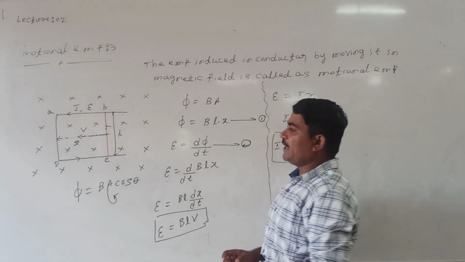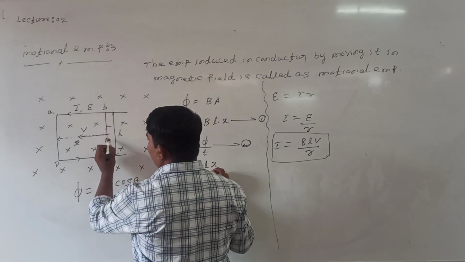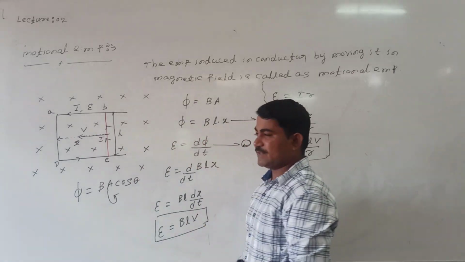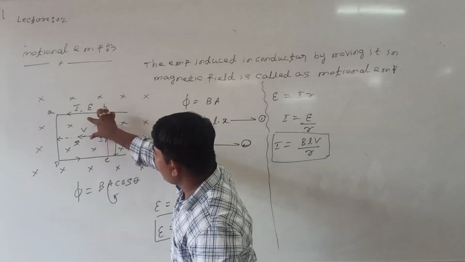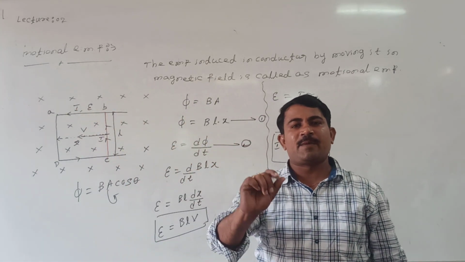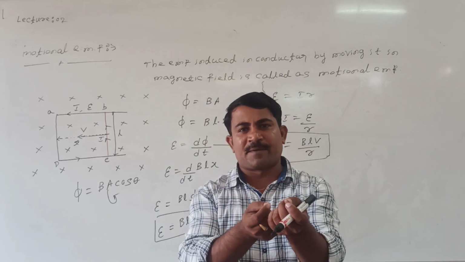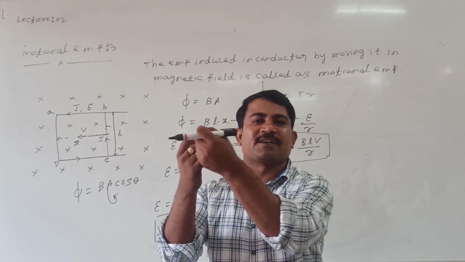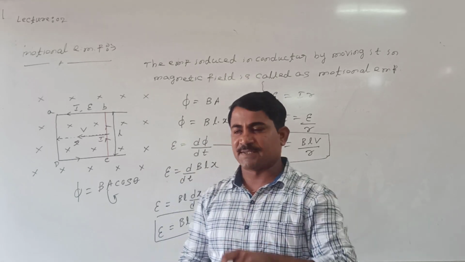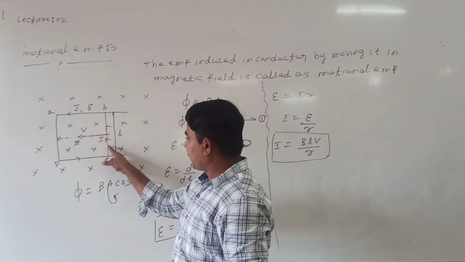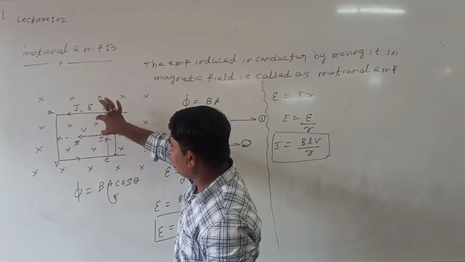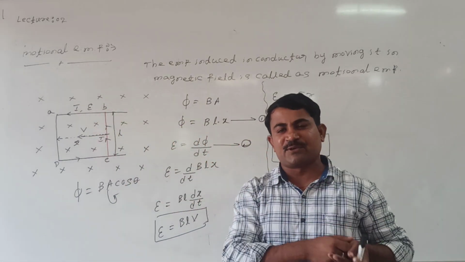Now, how does the current flow in this case? My question is: when the conductor moves, the mechanical power applied is all generated as electric power. How is that? A current-carrying conductor placed in a magnetic field experiences a magnetic force.